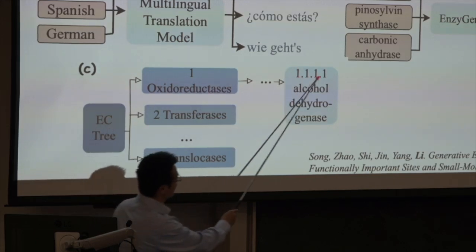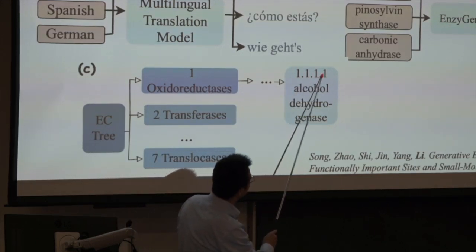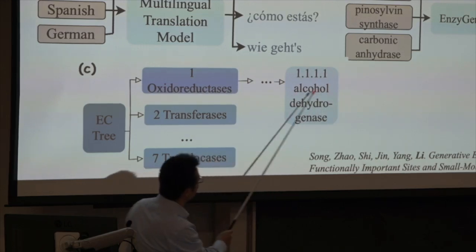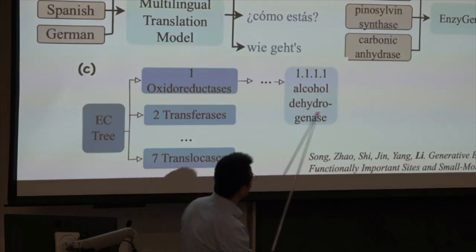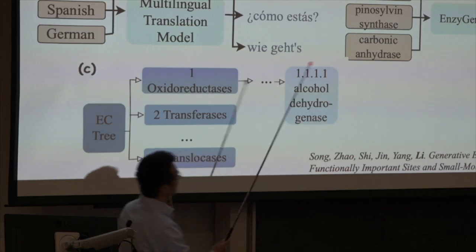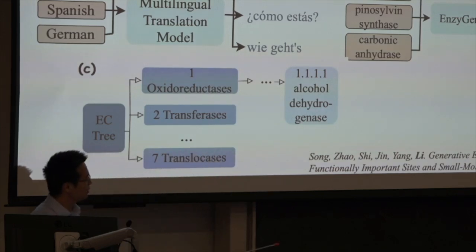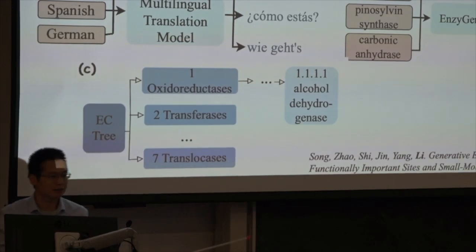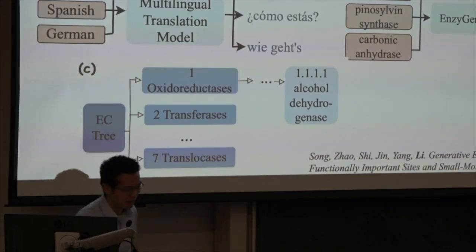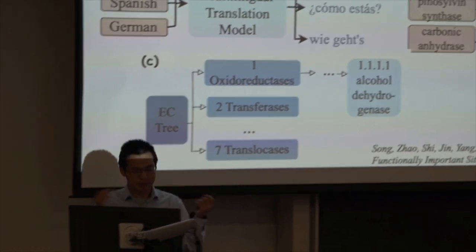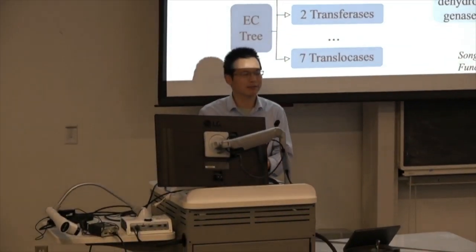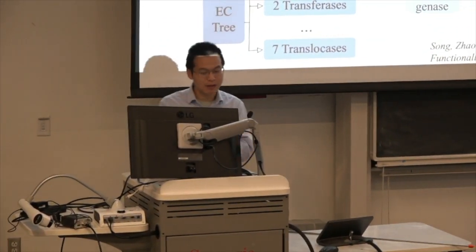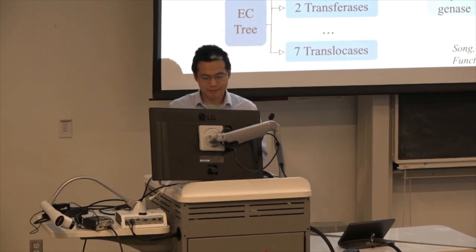For example, this is one particular tag, 1.1.1.1, which is alcohol dehydrogenase. So this is one particular enzyme, and we can use this tag as an indicator for the function. And the hope is that at training time, we train for that, and at test time, inference time, we can generalize from the tag.